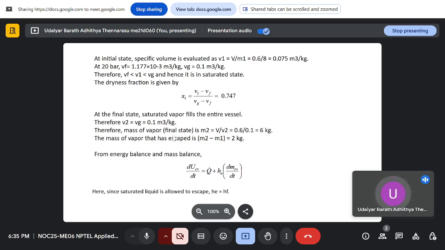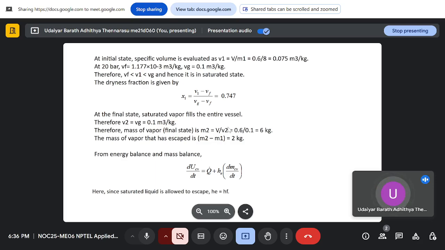So the mass at state 2 is the total volume divided by the specific volume of saturated steam, which gives 6 kg. The mass of vapor is 6 kg, so the mass that has escaped, m1 minus m2, is 2 kg.